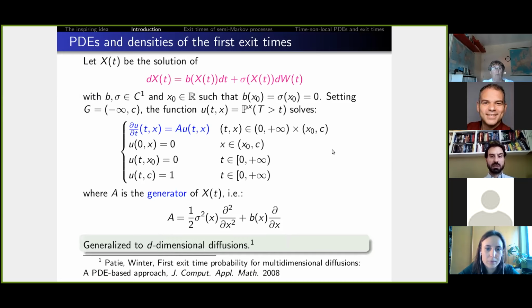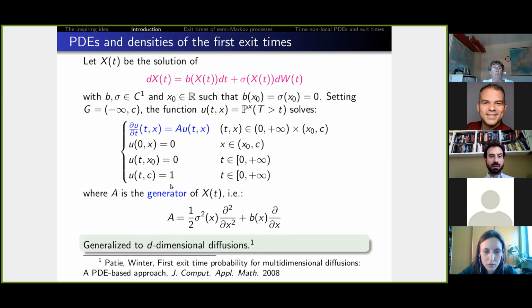This is another reason for which the theory of first passage times of Markov processes is easily applicable in this context, because you can solve a PDE numerically if you want precise information on this distribution, even if you cannot compute or estimate it explicitly.